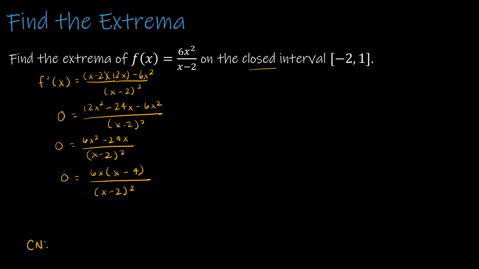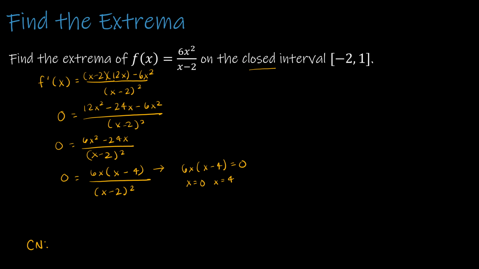Critical numbers would be when this function is equal to 0, obviously. And so when I'm looking at a rational function like this, where I have a ratio, I have to look at when does the top equal 0. So basically, I'm going to say 6x times x minus 4 equal to 0. And that would give me x is 0 and x is 4.